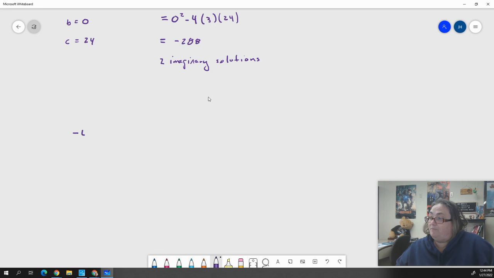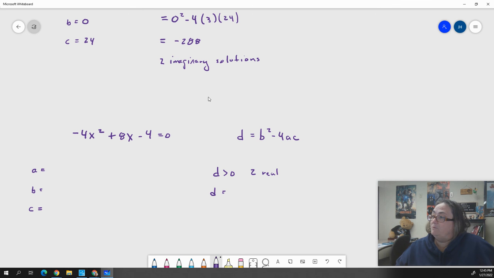Let's go with negative 4x squared plus 8x minus 4 equals 0. Remember, you need to figure out what your A equals, your B equals, and your C equals, and you are plugging it into the formula. Your discriminant equals B squared minus 4 times A times C. If D is greater than 0, you have 2 real.